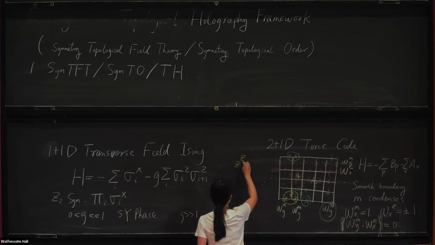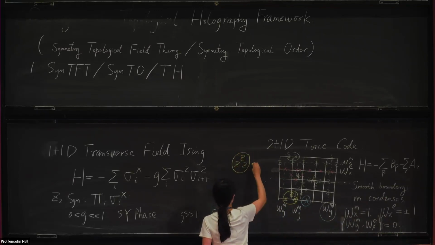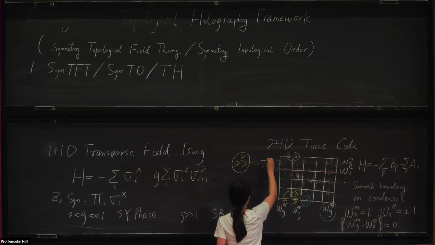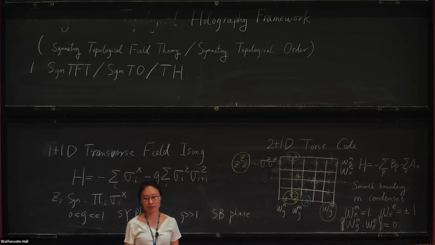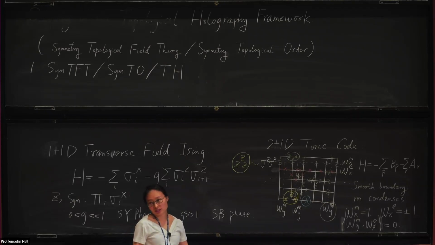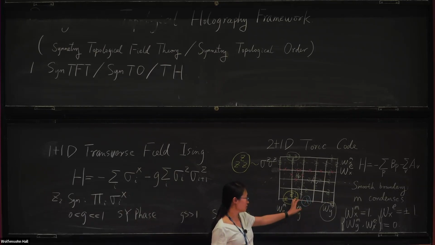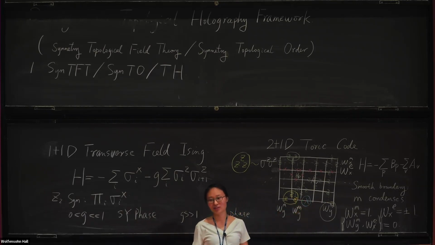Okay, so this is telling us, let me just write it here, that this ZZZ term becomes equivalent to the Ising coupling term, the sigma Z term. And then from there, it's easy to guess what this single X would be, because a single X would anti-commute with the neighboring ZZZ term, right?